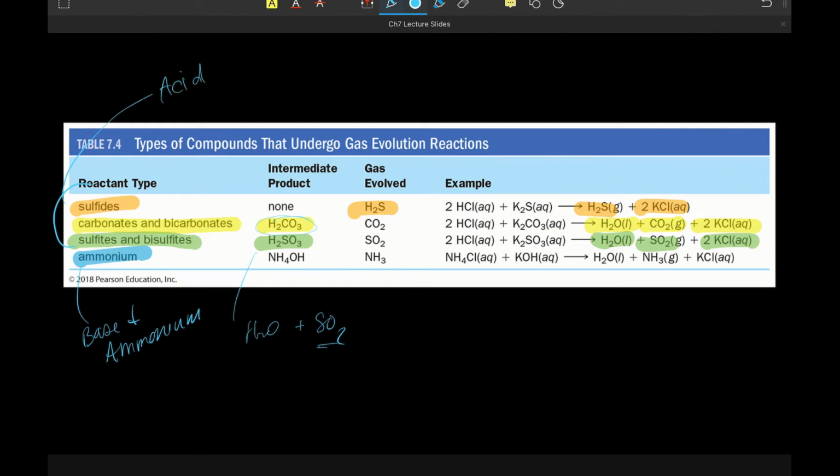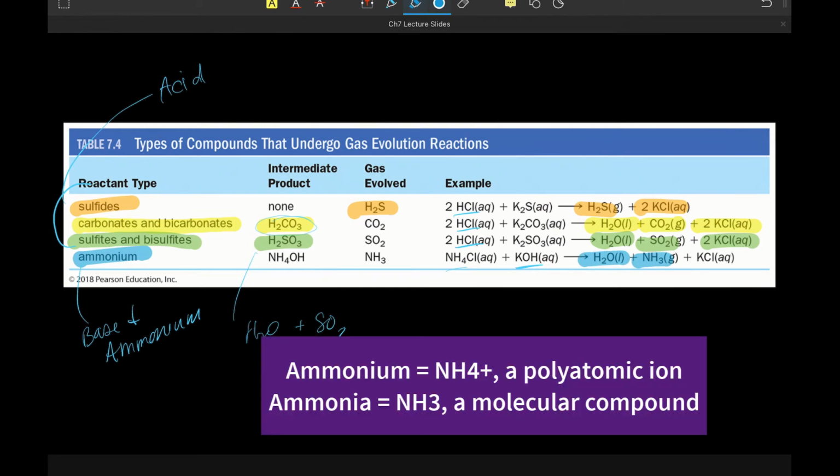Acid plus that, so we have acid, acid, acid. Ammonium, though, needs to react with a base, because ammonium is actually acidic, which is beyond the scope of what we're talking about, to produce water, ammonia, not to be confused with ammonium, ammonia and a salt.